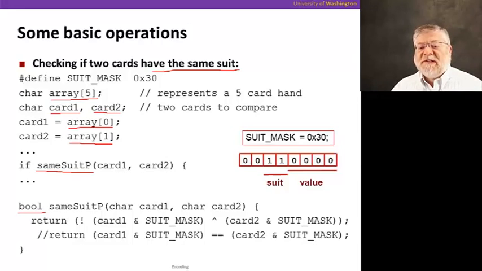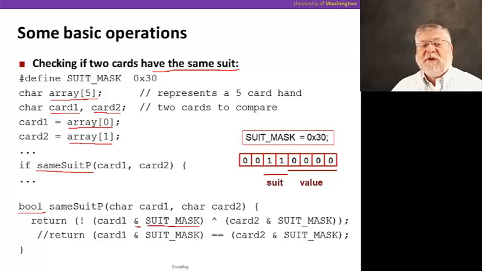What it does, you'll notice, is it takes the first card and does a bitwise AND with the suit mask. What is the suit mask? The suit mask is a special value set to hex 30. Why hex 30? Well, that corresponds to 0011 0000. You'll notice that when we do a bitwise AND with this mask, we will only have non-zero results for these 2 bits.